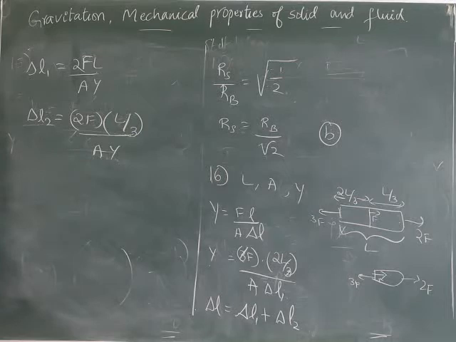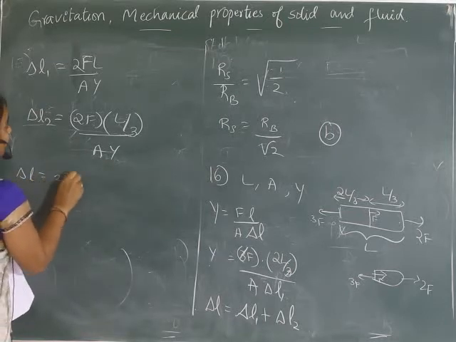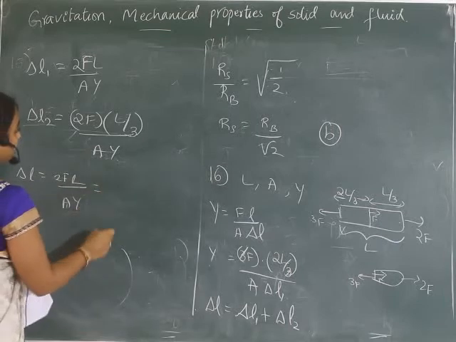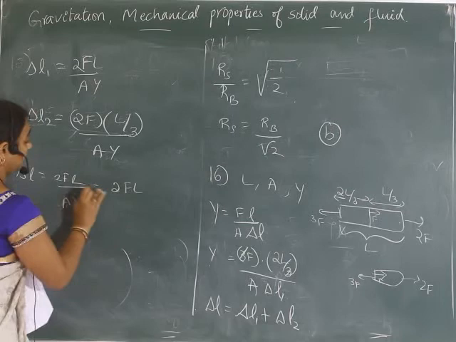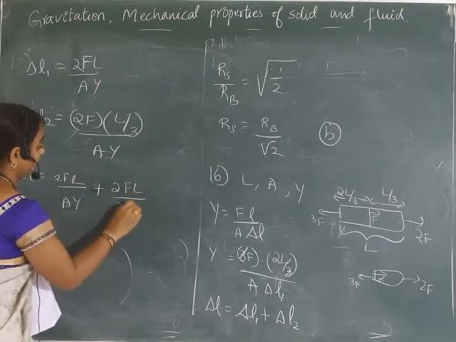Now if you add, what is the answer we get? Can you help me for the answer? 2FL divided by AY plus 2FL by 3AY.